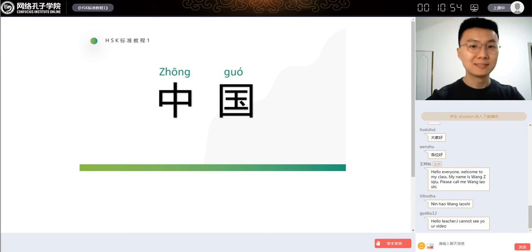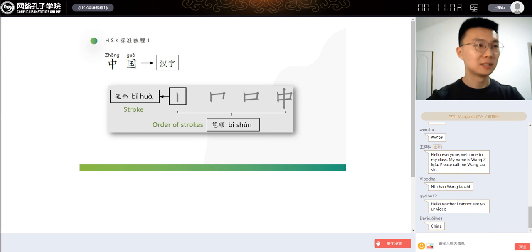这是什么? What's this? It is 中国, right? I think all of you know its meaning. And 中国, this one, is 汉字. Every Chinese character has its own stroke. This one is stroke. We call it 笔画.